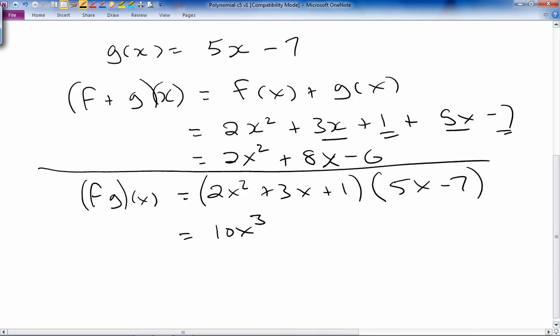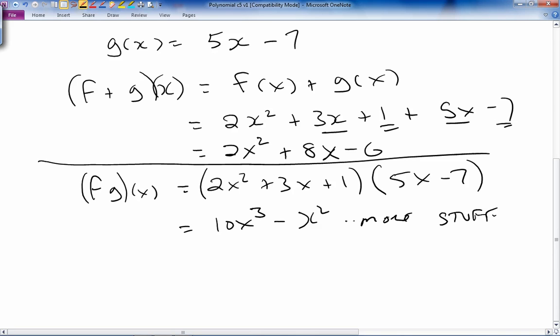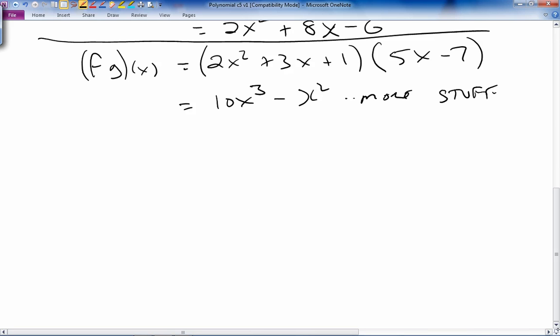Cubed plus minus 15 minus 14x squared, and I will just say that there will be more stuff. This should all be review from grade 10. We can divide, of course.